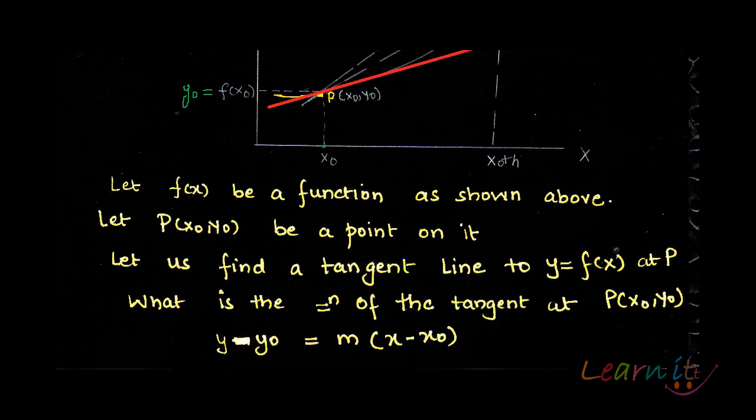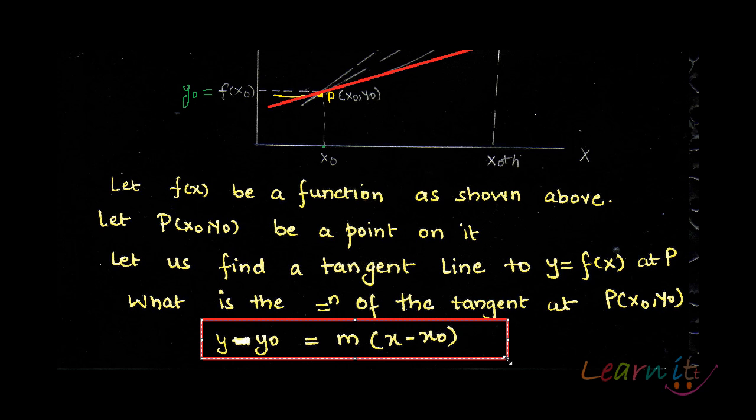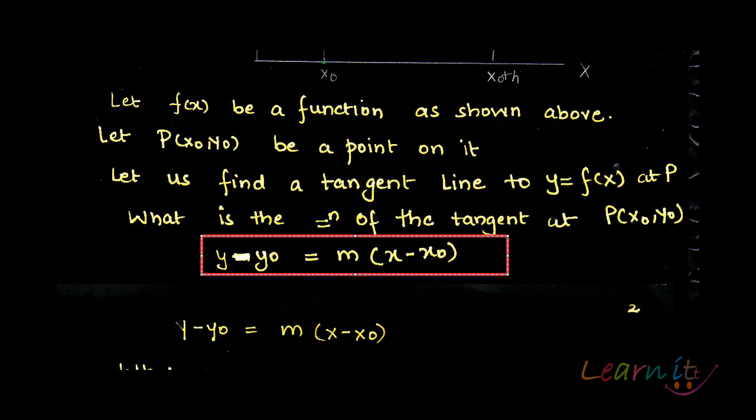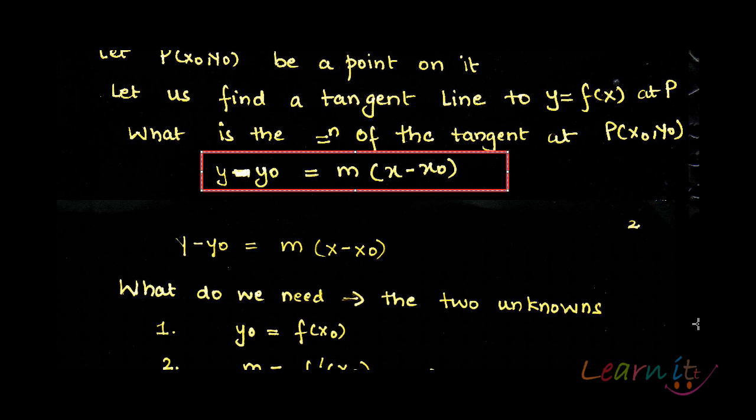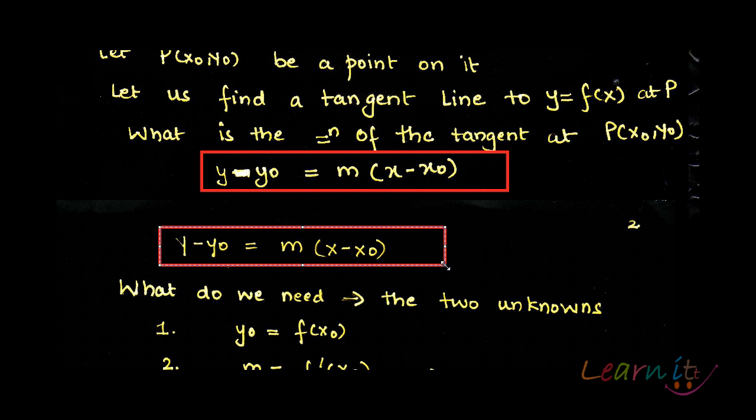Let us first find the equation of the tangent at P equal to (x0, y0). The equation of a tangent is y minus y0 equals m times (x minus x0). What is this m? This m is the slope of this line.